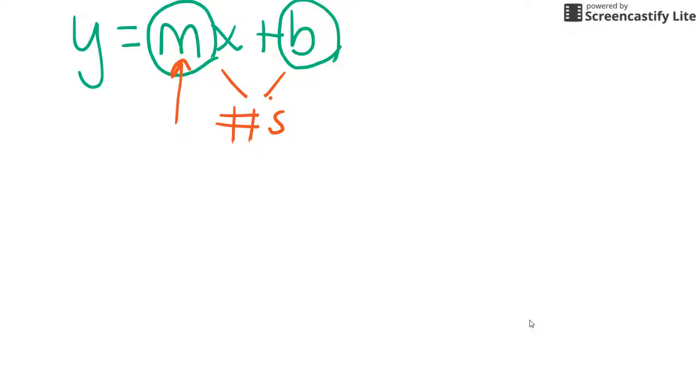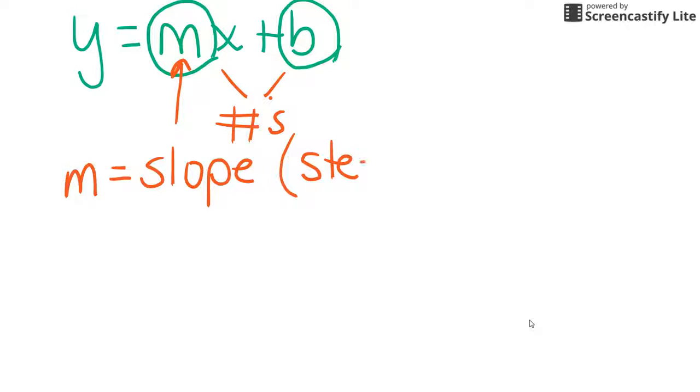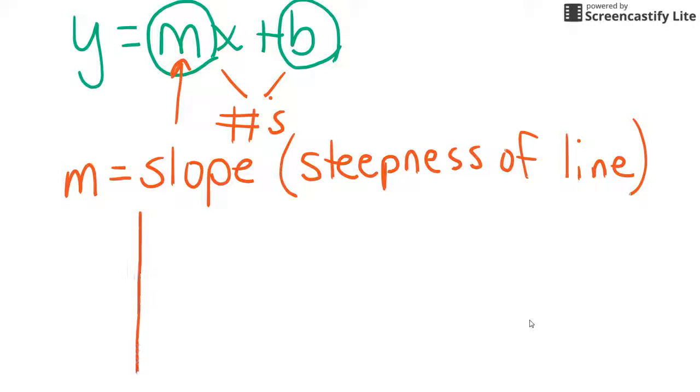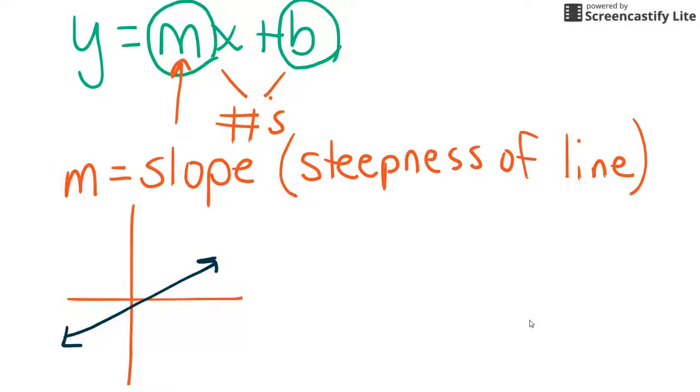So let's first talk about the m more specifically. Again, m stands for slope, and the slope really is the steepness of the line. So for example, if we have a coordinate plane and the line is something like this.